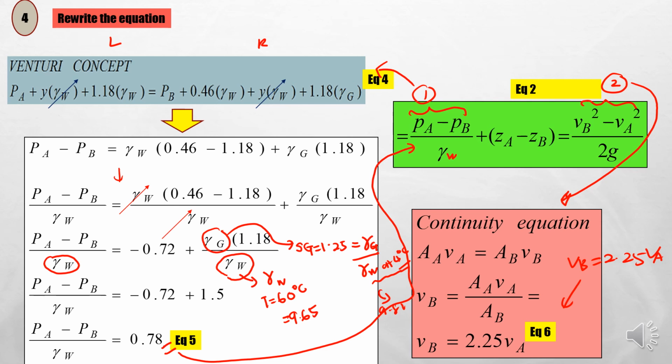So 0.78 now, plus the minus 0.46, equals all of this term, term number 2, which you can simplify into V_A parameters. But you have to work out again the value of V_A here by substituting this term into V_B. I will explain in detail in the next slide.